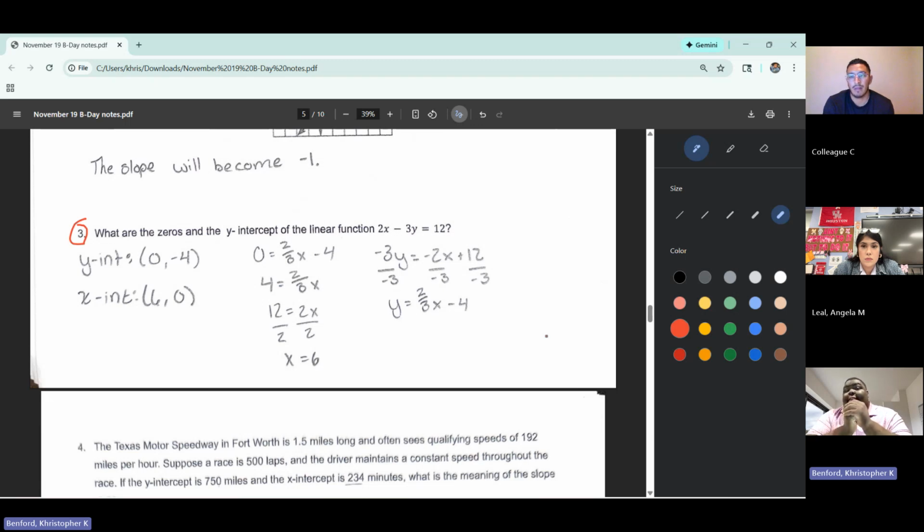They also get access to their algebra reference sheet, which is provided through STAAR, and they'll have access to Desmos, so Desmos can show them the calculations they're putting into the calculator.